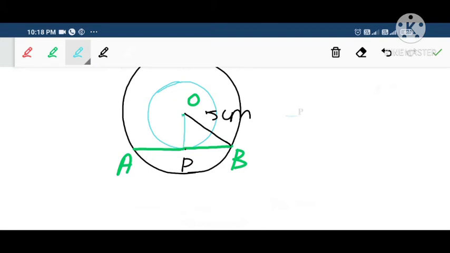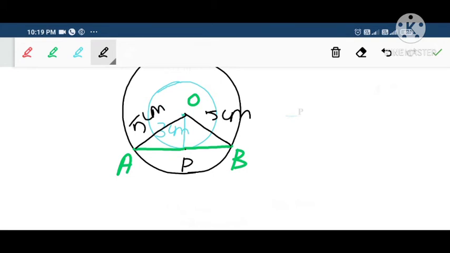OP is the radius of the smaller circle, 3 centimeter. Okay, so now I take the right angle triangle OPB, and again I join OA, which is also 5 centimeter.